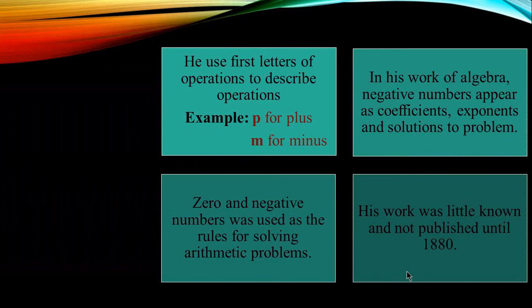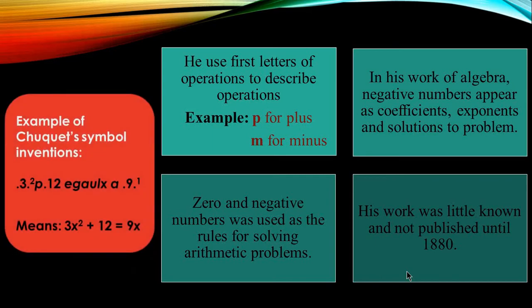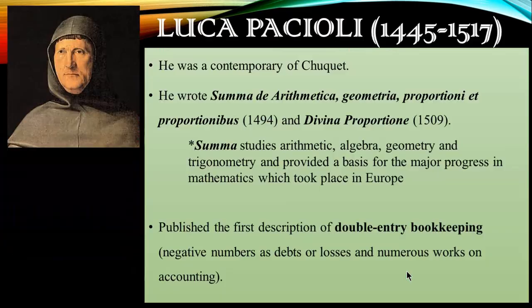He used the first letter of operations to describe operations such as P for plus and M for minus. And in his work of algebra, the negative number was used as a rule for solving arithmetic problems. And here you can see an example of Chuquet's symbol inventions.